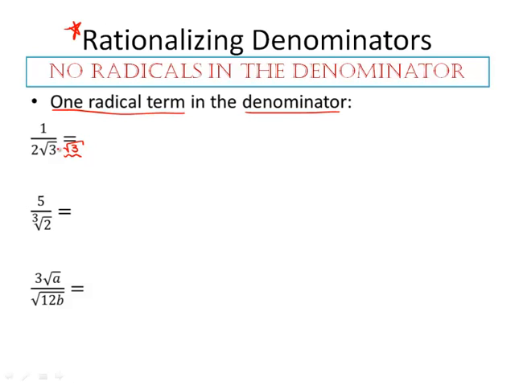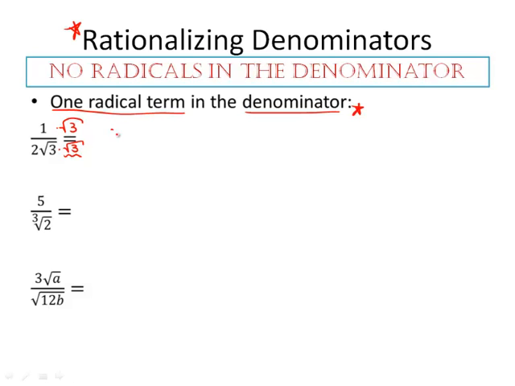Now, if we do multiplication by root 3 in the denominator, then we need to do that in the numerator as well. So you're basically multiplying by something that will eliminate the root.